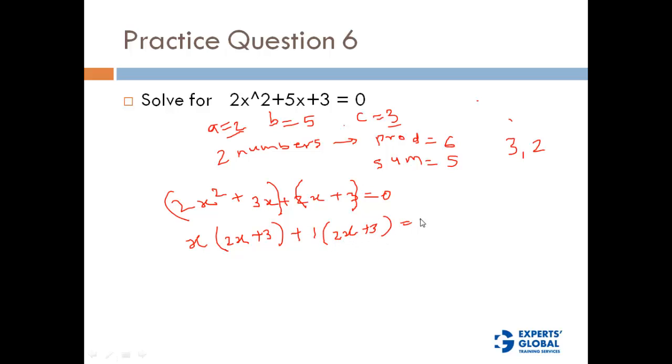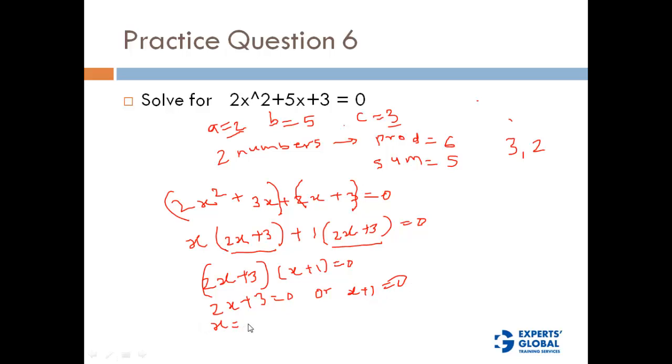So as you remember from one of the previous slides, whatever we have in the brackets will always come out to be the same thing, right? So we can take it as common. So we have 2x plus 3 and what remains is x plus 1, and that is equal to 0. That means 2x plus 3 is equal to 0 or x plus 1 is equal to 0. That means x is equal to minus 3 by 2 or x is equal to minus 1.